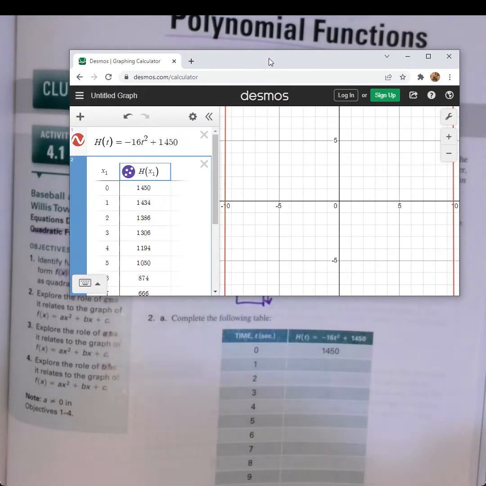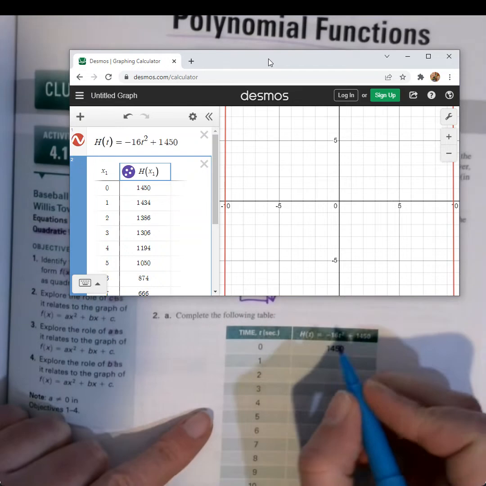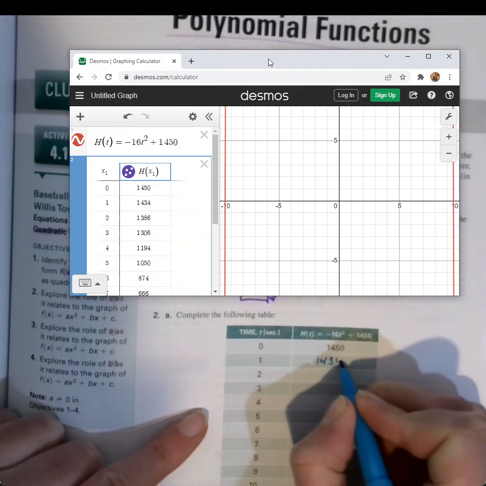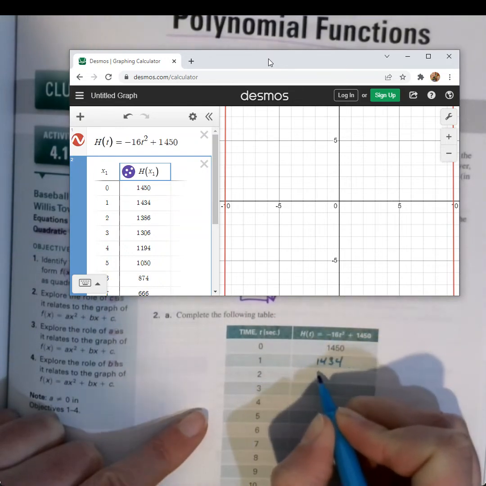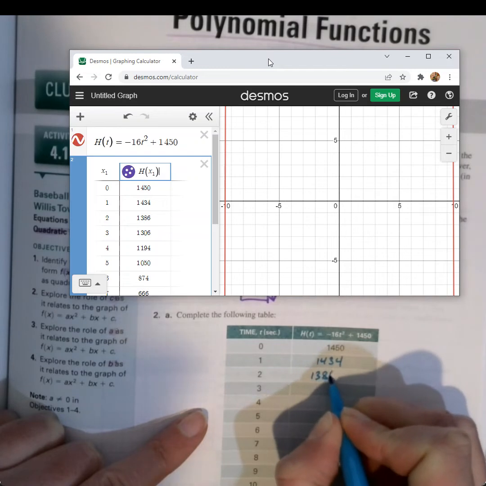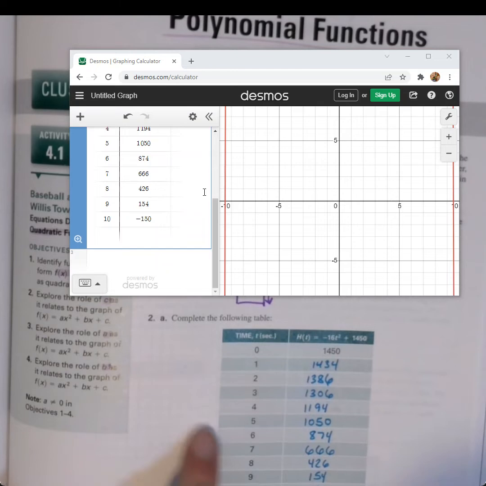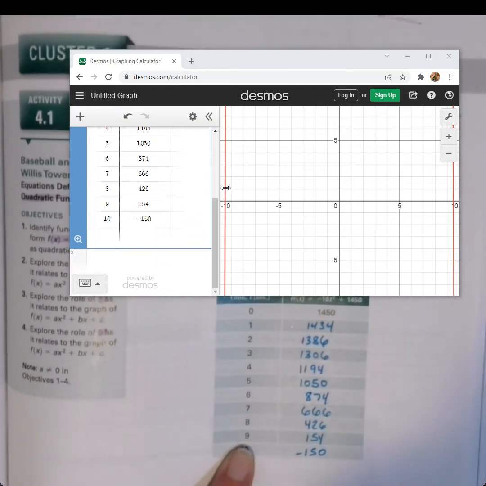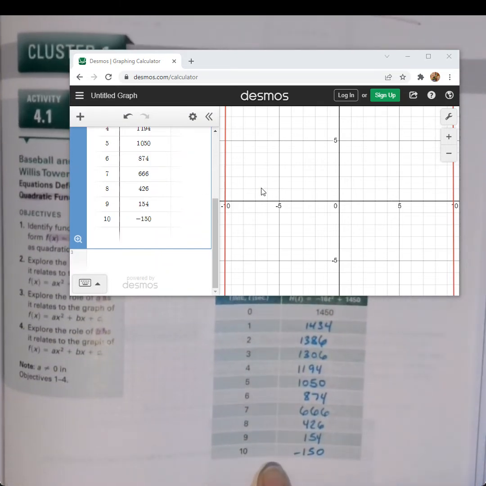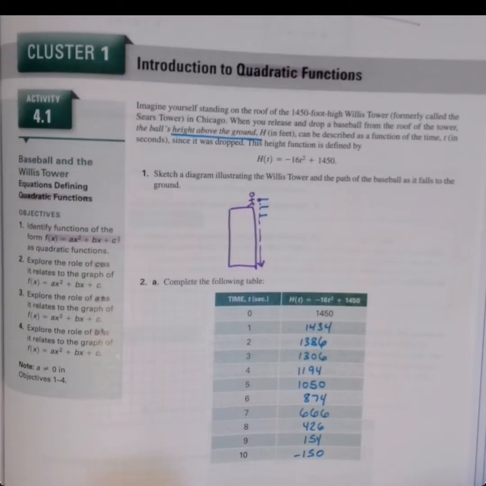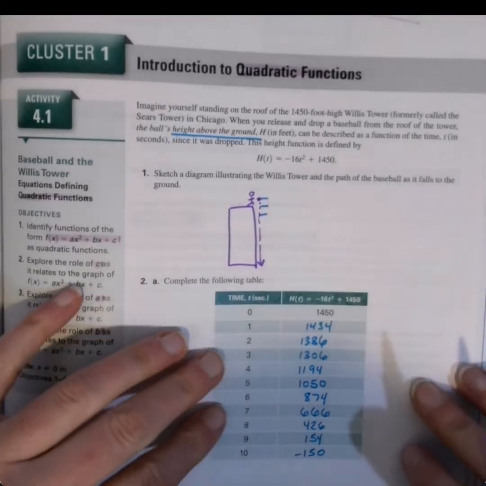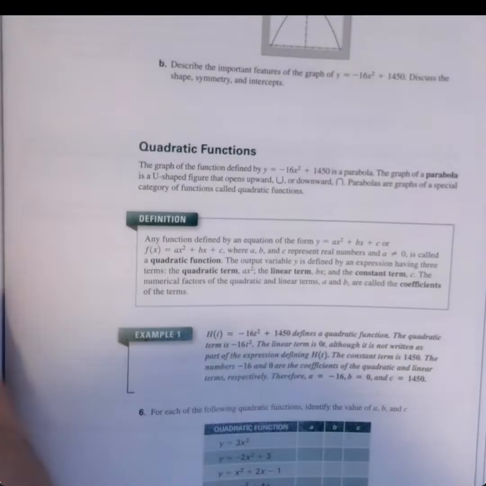Okay. So h of 0, like we said, was 1450. H of 1, 1434. 1386, and so on. And by the time we get down to the bottom of our table, our last value is negative 150. All right, so let's move over to our next page.